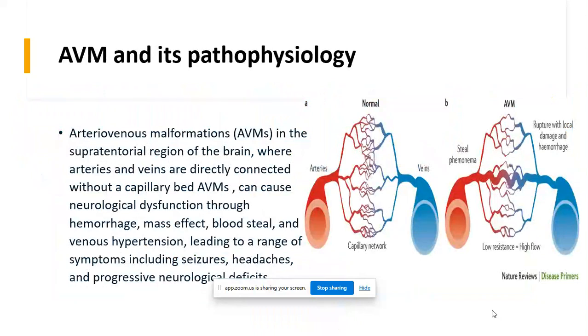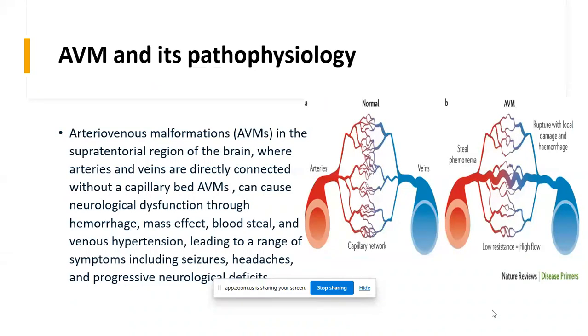Okay, one of the important concerns in a patient coming for supratentorial tumors is arteriovenous malformations, specifically in the supratentorial region of the brain, where arteries and veins are directly connected without a capillary bed.